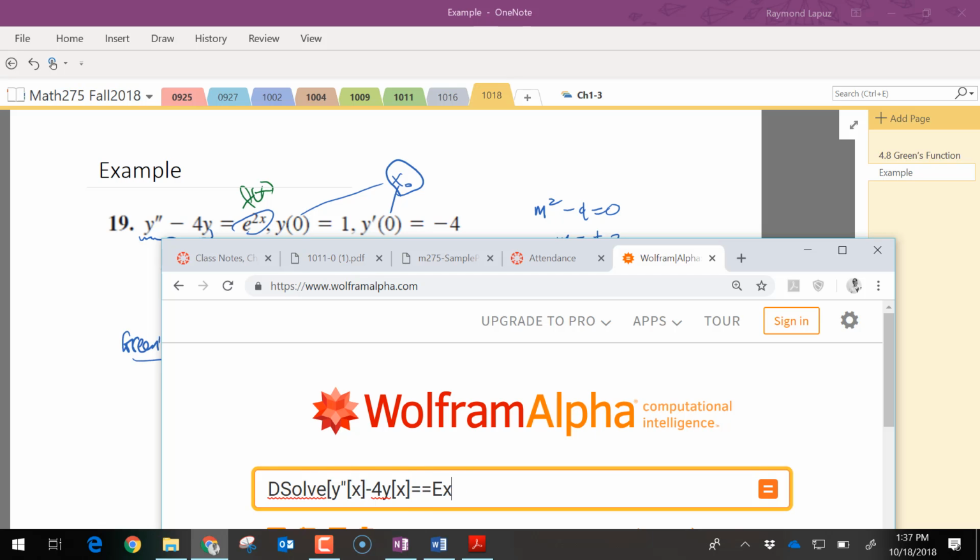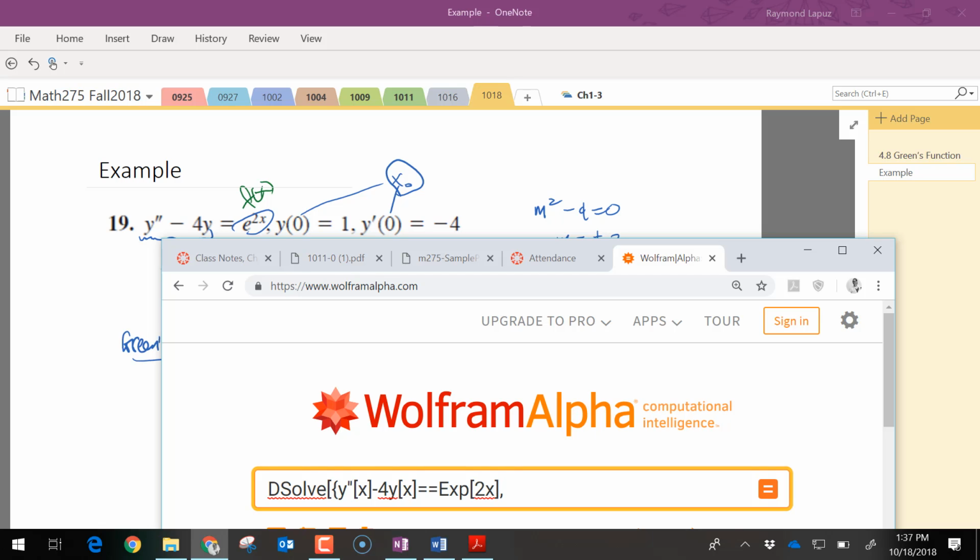So it's equal to the exponential function of 2x. So it sees a differential equation, and if you have initial conditions, you would include the initial conditions. Actually, you would need curly brackets to include the initial conditions.